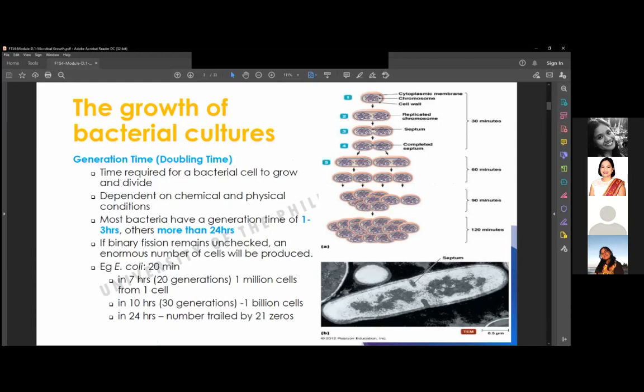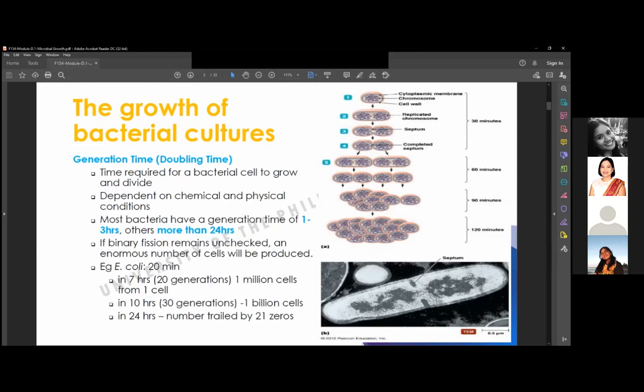So in our previous module, we mentioned that microorganisms grow by binary fission. That division or growth of microorganisms requires time.